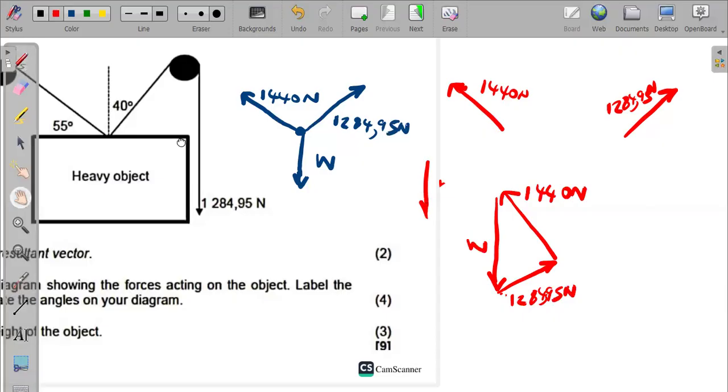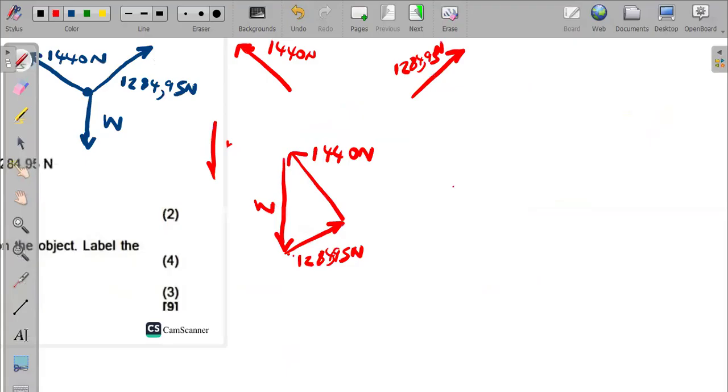Was this the only way? There were many ways actually. Let me bring out another way we could have drawn it. Assuming this time we start with the gravitational force, the weight. Right at the head of the weight, I can now draw the 1,440 Newton force, with its correct direction.